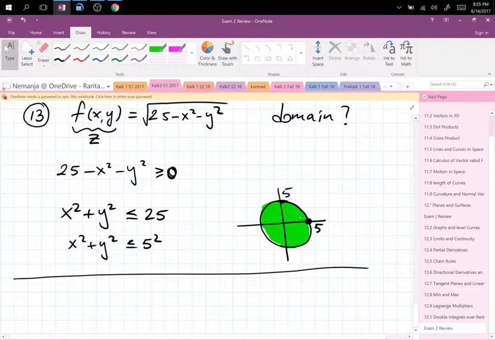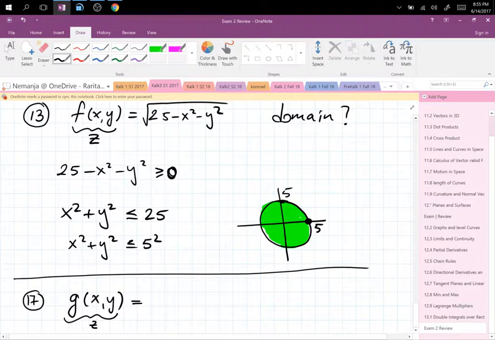Again, another question, same page, problem 17, also asking for domain. g of xy, again, the whole thing is z, ln of x squared minus y.